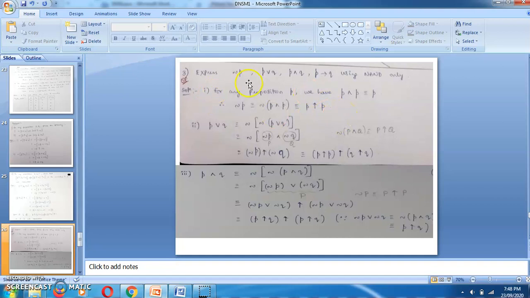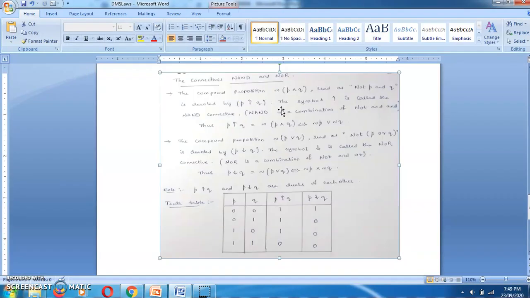Negation of p: how can this negation of p be converted to NAND? We have in the laws of logic that p and p is p, so that's why it is replaced with p and p. And negation of (p and q) can be written in this manner.